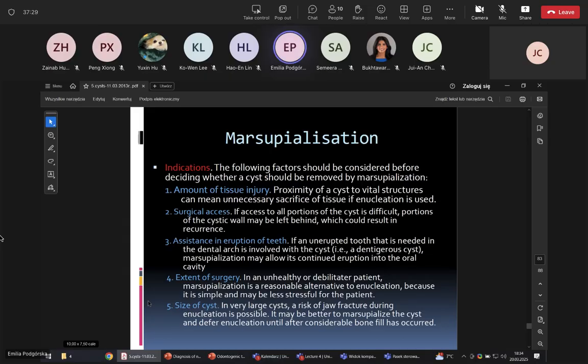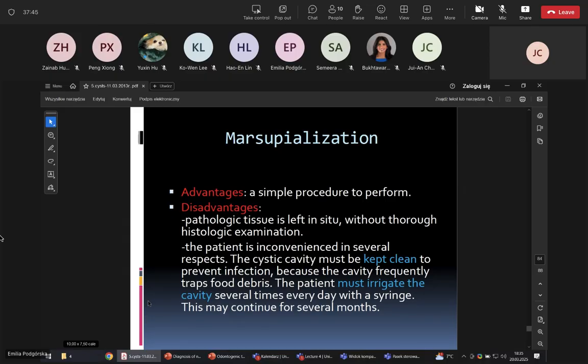5. Size of cyst. In very large cysts, a risk of jaw fracture during enucleation is possible. It may be better to marsupialize the cyst and defer enucleation until after considerable bone healing has occurred. Advantages: a simple procedure to perform.